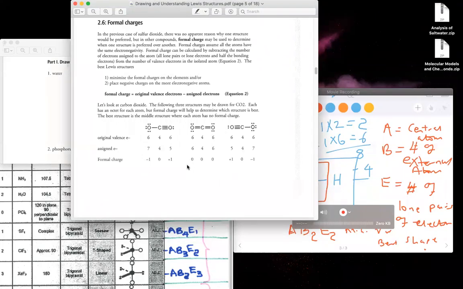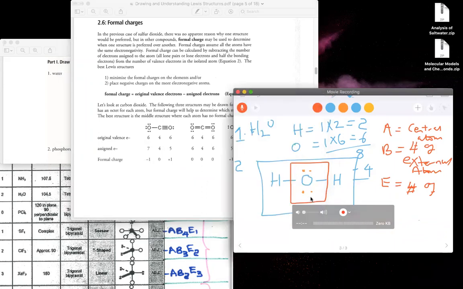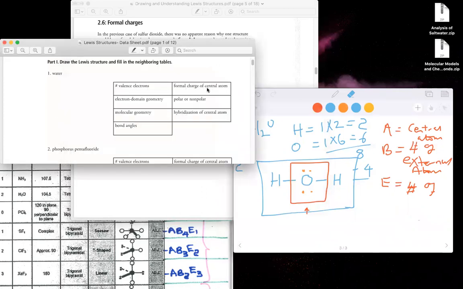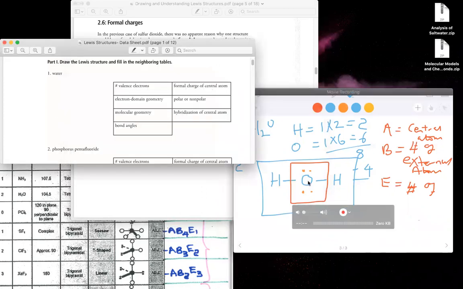But when I look at equation 2, you may not be in a position to figure out what is going on. Given this structure for H2O, remember, we are looking at the formal charge for the central atom. The central atom is oxygen.